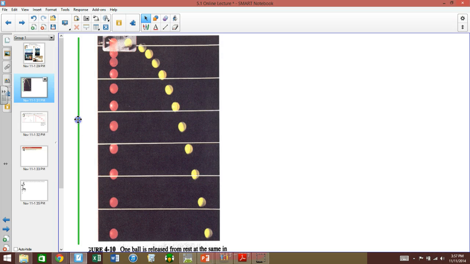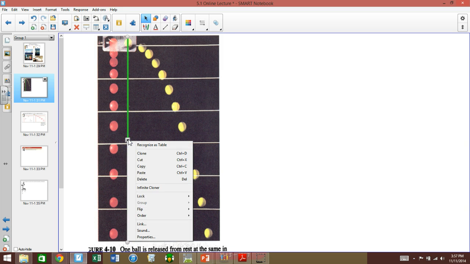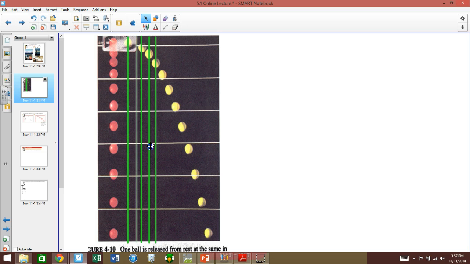What we're going to do is, first of all, analyze the motion left and right and the motion up and down. So I'm going to place a vertical line in the center of every ball here. Watch what happens. I'll try to do my best to put it right in the center every single time.